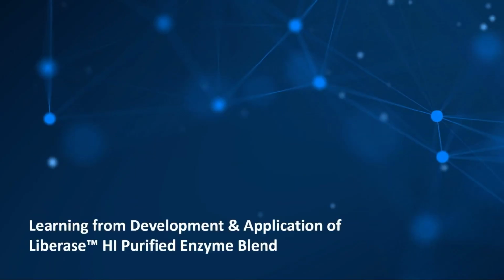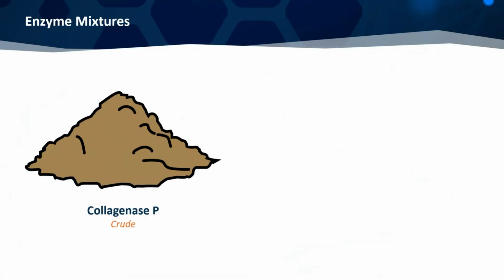So, learnings from the development and application of the Liberase product. This is kind of an interesting story. Collagenase P was made in 1990 when I was at Boehringer Mannheim Biochemicals by our German colleagues.